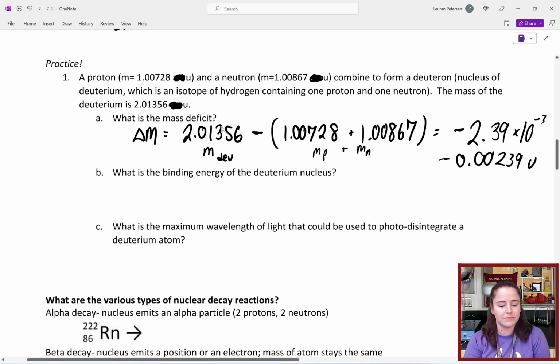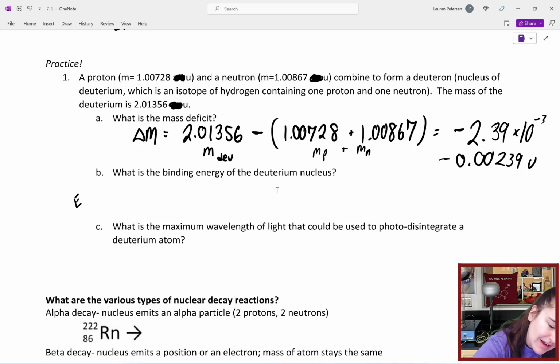The deuterium has a mass smaller than the mass of the proton and neutron. Why? Because some of the mass was used to bind the atom, to create that binding energy. So if we have it just in U, we're kind of using E equals mc squared, but we're really using that 1 U is 931 mega electron volts per c squared.